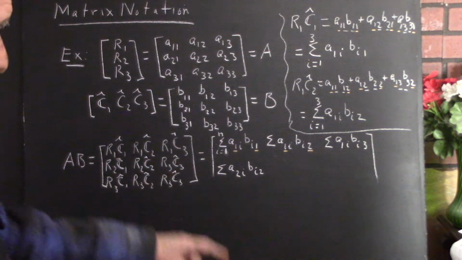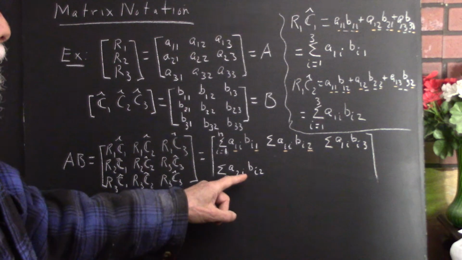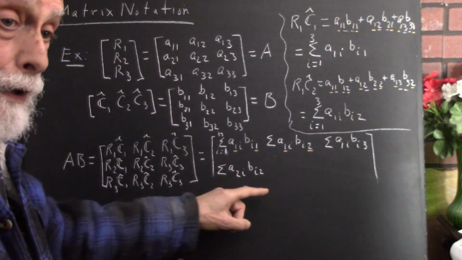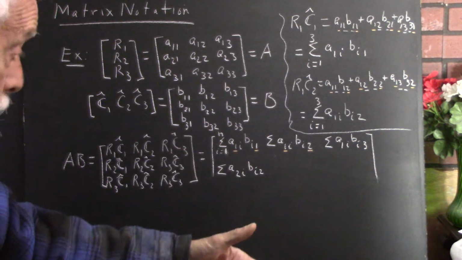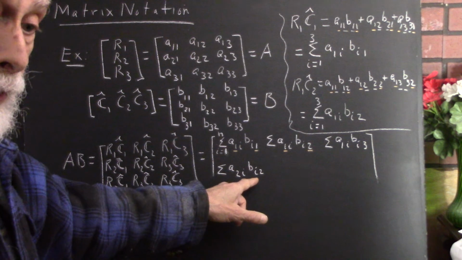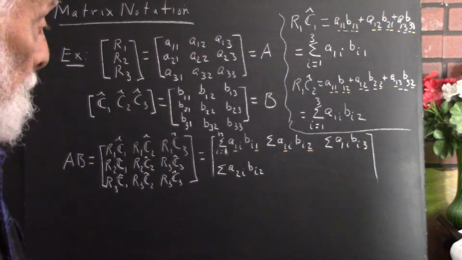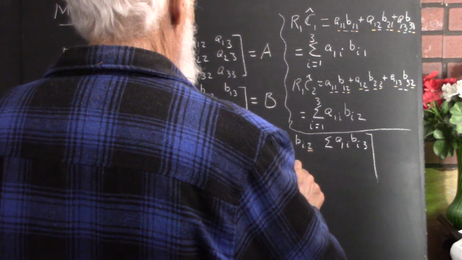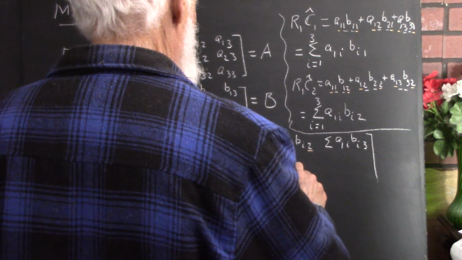Again, indicating you're matching up the first number in the A row with the first number in the B column, and second number in the A row with the second number in the B column. If I is 3, it's third number in the A row, third number in the B column. Actually, I might go ahead and write this whole thing.